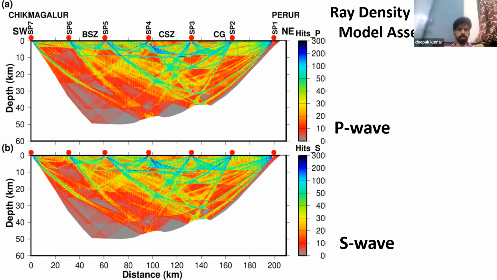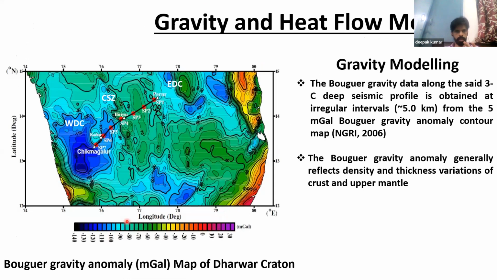So we see a very good amount of rays are generated through each layer. So that means most of the layer or the area has been sampled with the seismic data, has been illuminated with the help of seismic data. That means almost 100% of the area has been sampled with the seismic data. That means my model is correct.